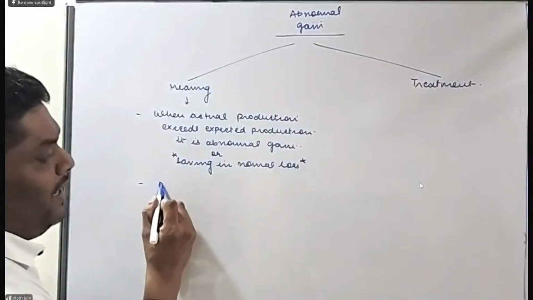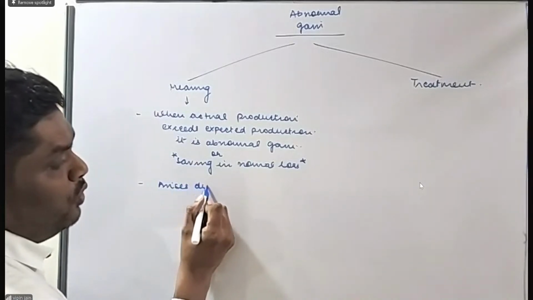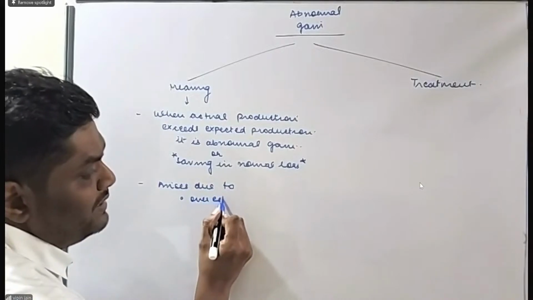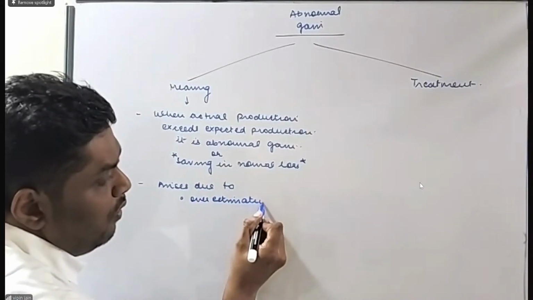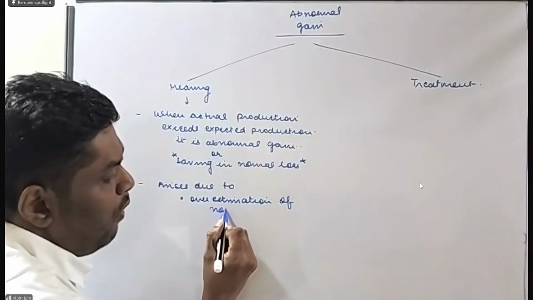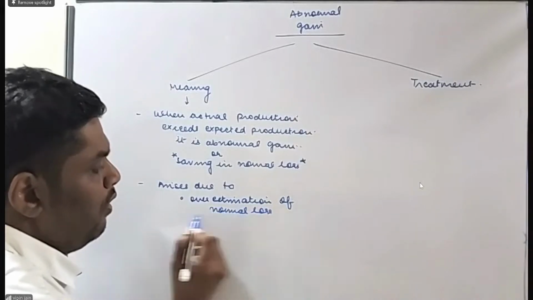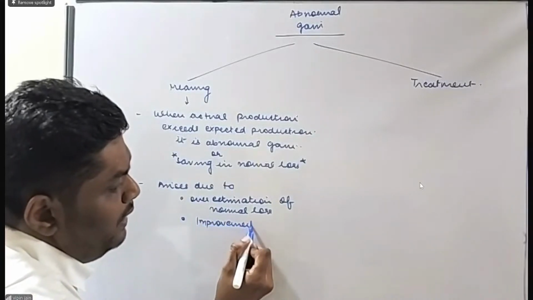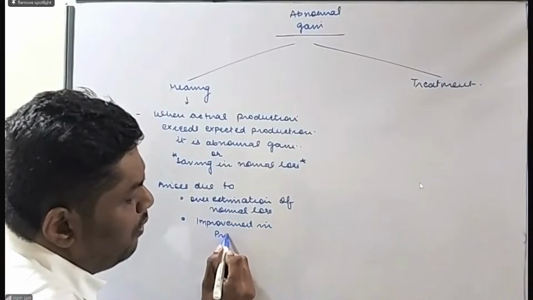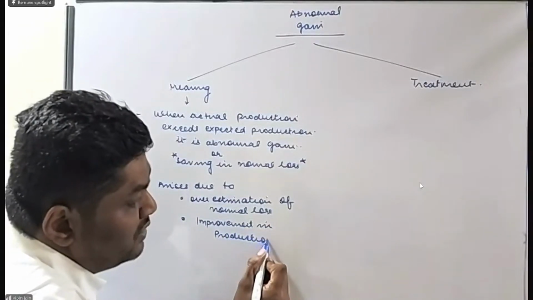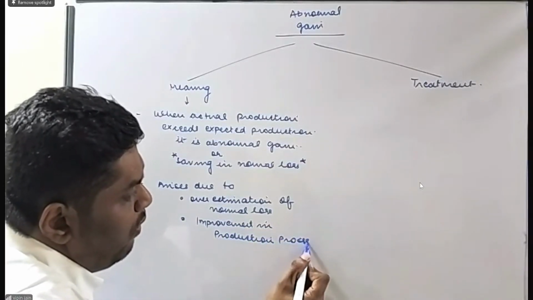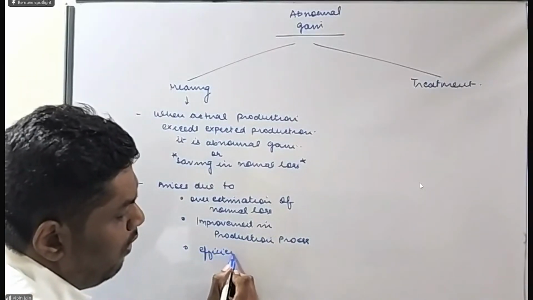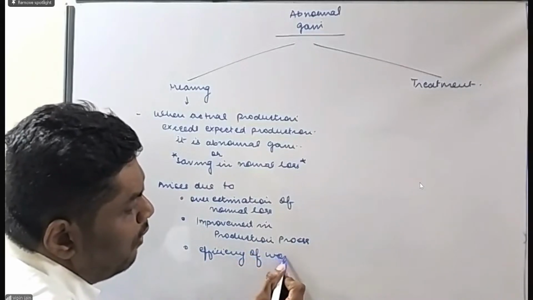So abnormal gain arises due to overestimation of normal loss, or it can be due to improvement in production process, or it can be due to efficiency of work.